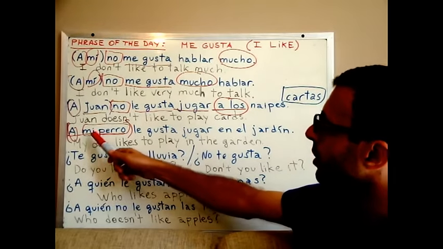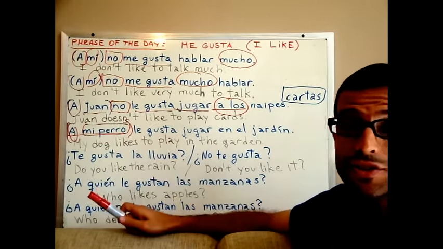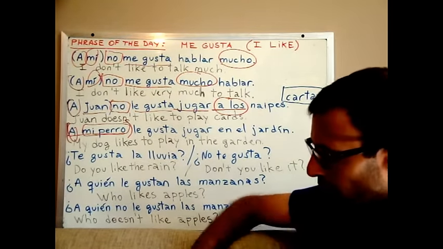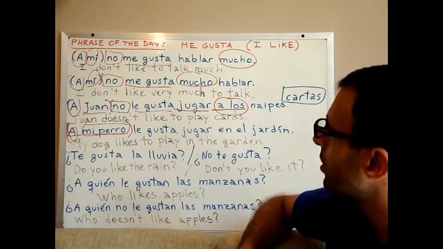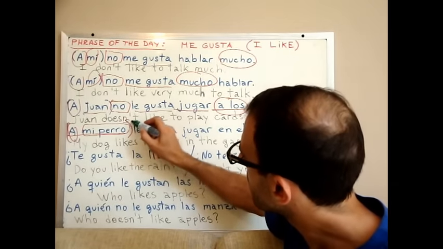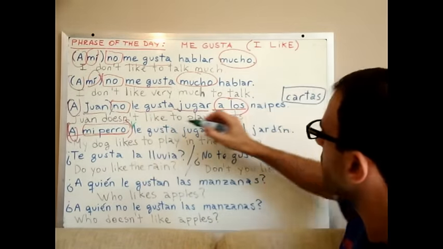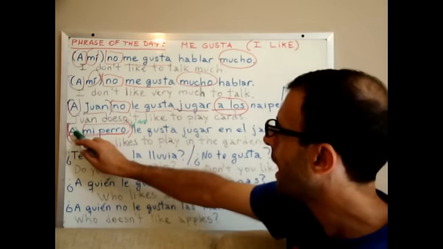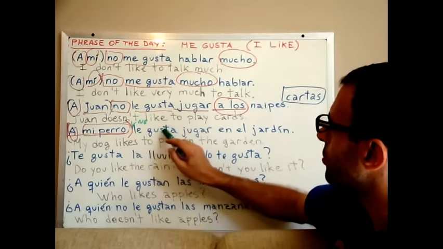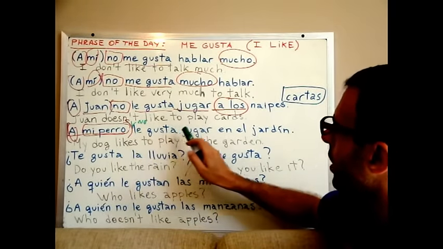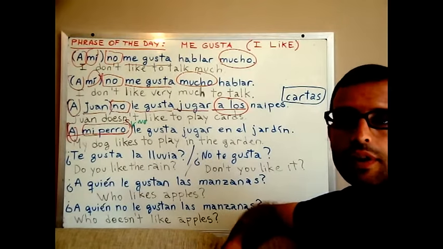If we want to convert this into a negative sentence, we would add the word no, here. And we would say, a mi perro no le gusta jugar en el jardín. Or simply, no le gusta jugar en el jardín. He doesn't like to play in the garden.